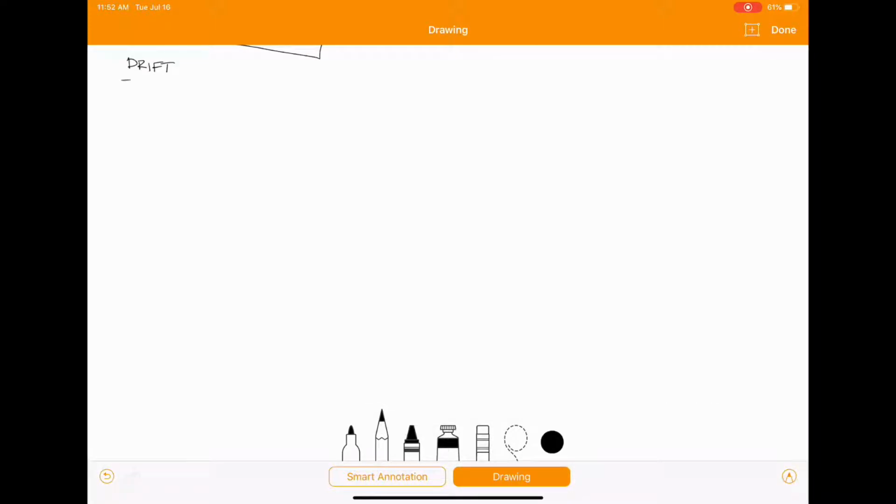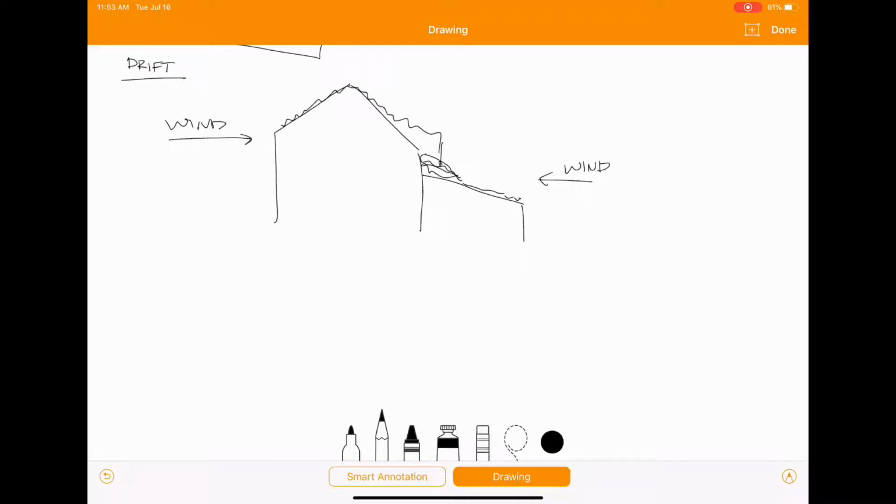Now, drift occurs when there's a spot on a roof or there's an attached lower roof where, when the wind blows, the snow can pile up in this area, or if the snow blows in this direction, it'll come like this, and it'll drop and pile up down here in this area.